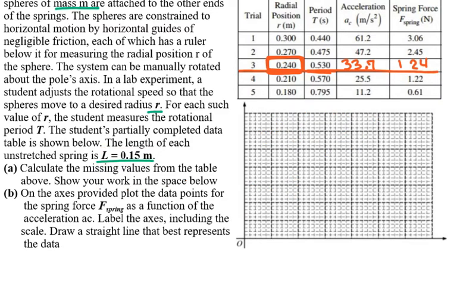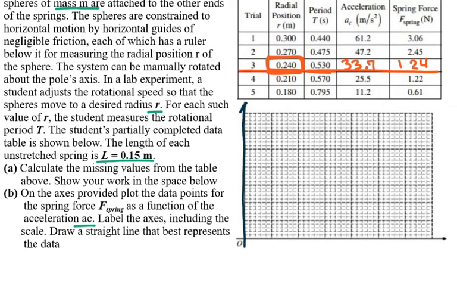For part B, they say on the axes provided, plot the data points for the spring force F spring as a function of the centripetal acceleration. Label the axes, including the scale. Draw a straight line that best represents the data. This is very common for the AP exam when they don't give you the axes or what the axes are.